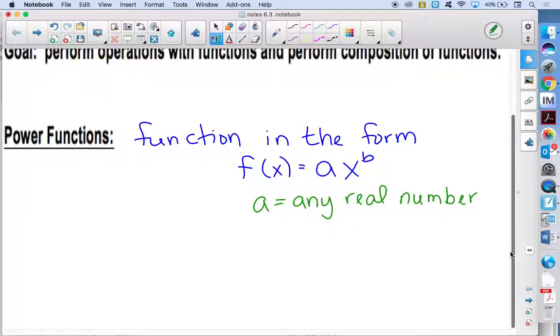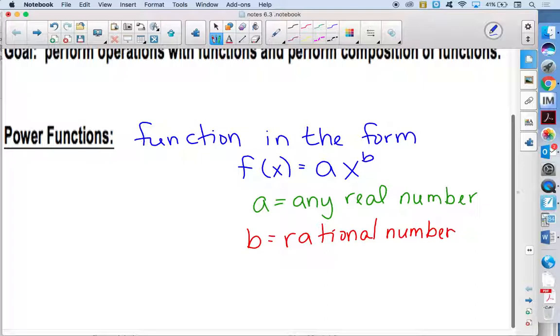The b part, that's the exponent. That could be a rational number. And remember, a rational number means it could be a fraction. It could also just be a whole number. But the ones that we'll try and work with are those rational exponents that we're going to continue to use. So a power function, f of x equals some kind of number a times x to get the variable, and then to an exponent.